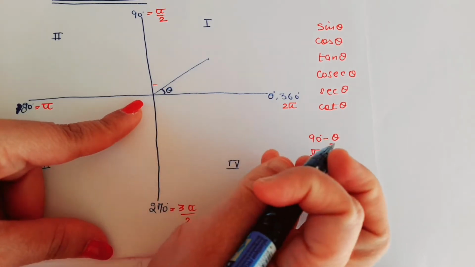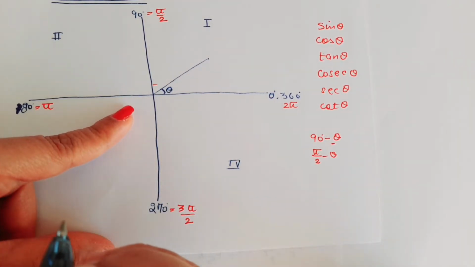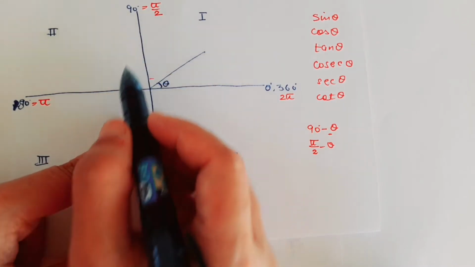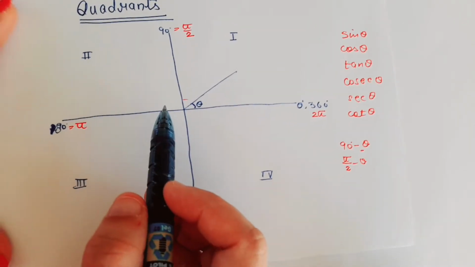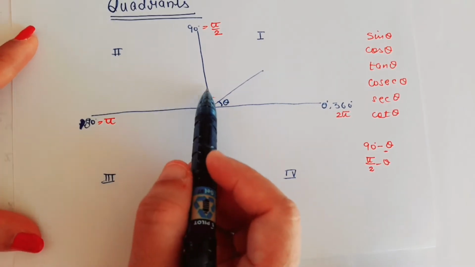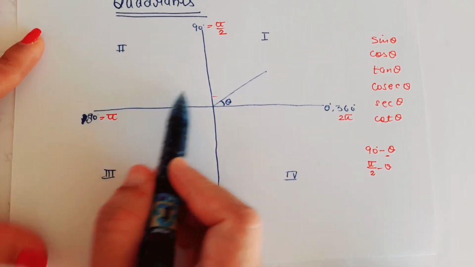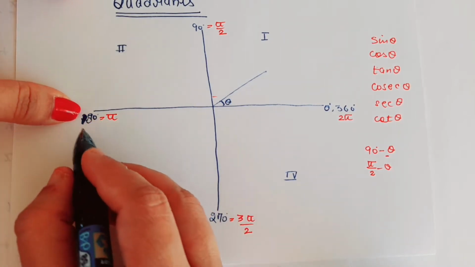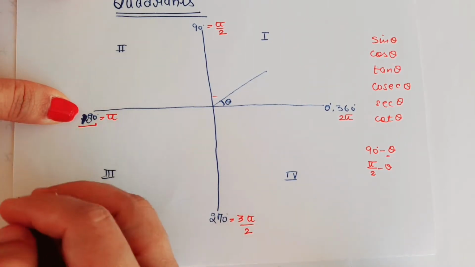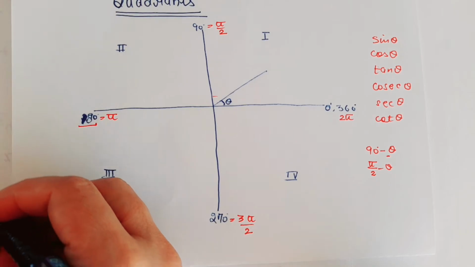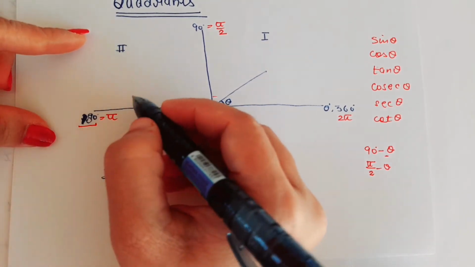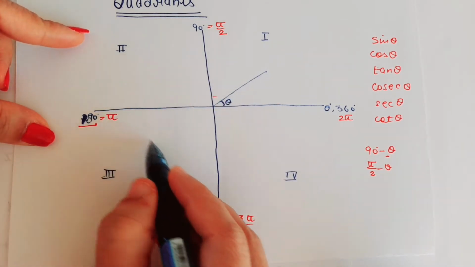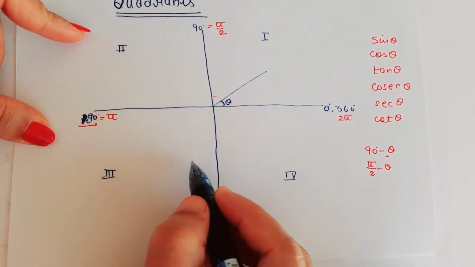And if I say 90 plus theta, this is 90, and now we are taking 90 plus theta. So 90 plus theta will come here in this second quadrant. Similarly, if we are talking about 180 or pi, then pi minus theta is here in the second quadrant, and pi plus theta, when we add, will come here.